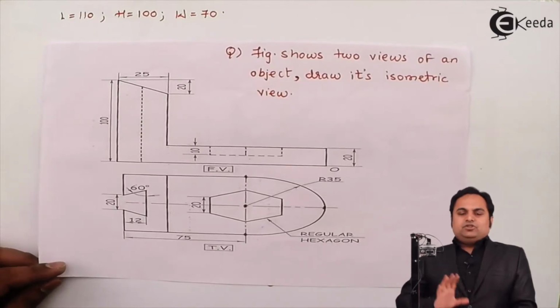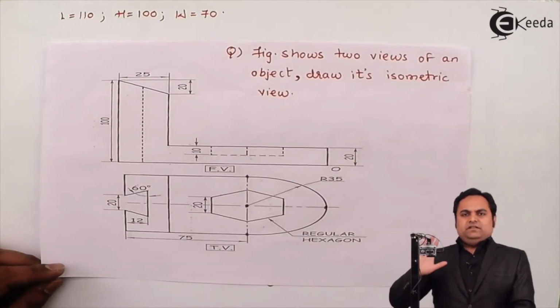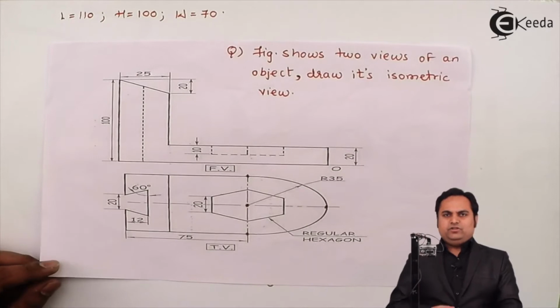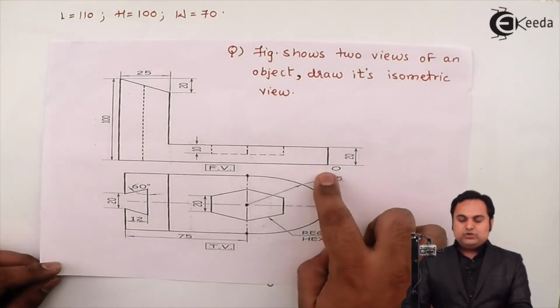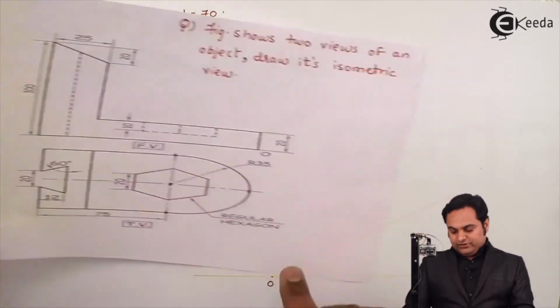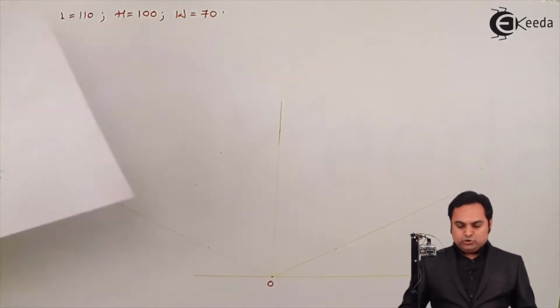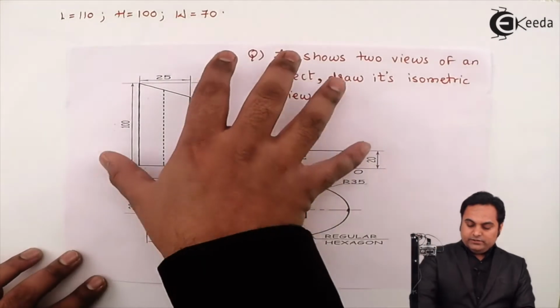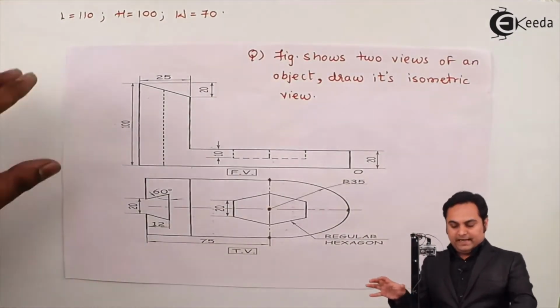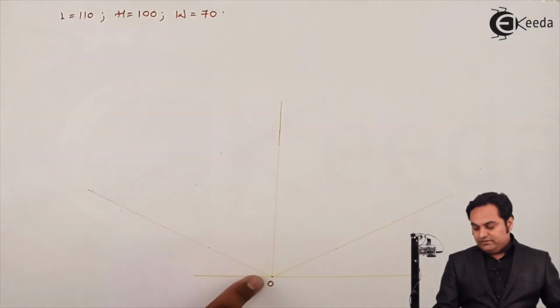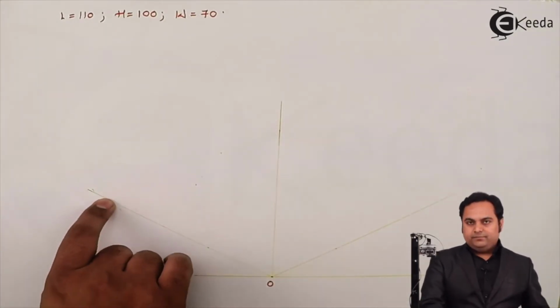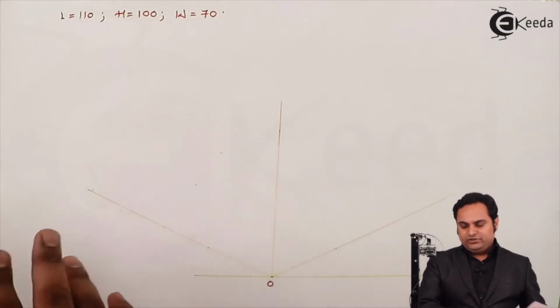Now I have to adjust the drawing in such a way that length, height and width are fixed. And where to fix them? Here the origin is given, which means this corner will be close to the observer. So when I take this front view and keep it on the origin, the length is going to come on this side, because the object will be tilted around the origin.